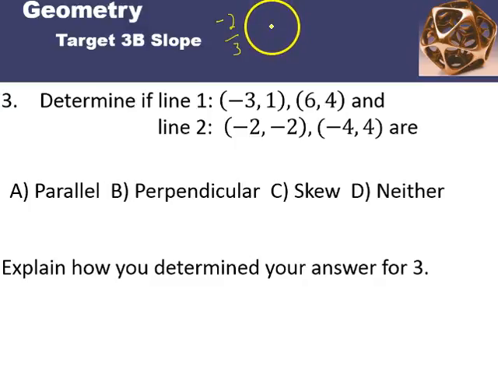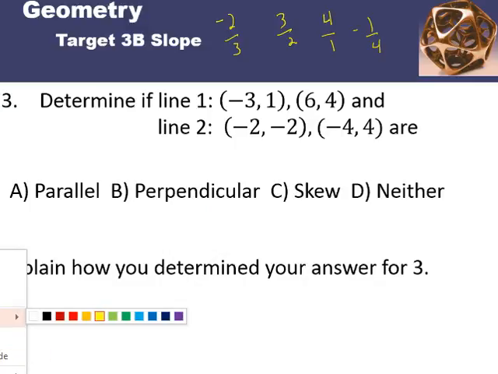So instead of 2 over 3, we'd have 3 over 2, and I changed the sign. It was negative, now it's positive. If I had positive 4, that would really be 4 over 1. If I flip it over, I get 1/4, and then I change the sign, so it would be negative 1/4. Those are negative reciprocals. So remember, that's what negative reciprocals mean.